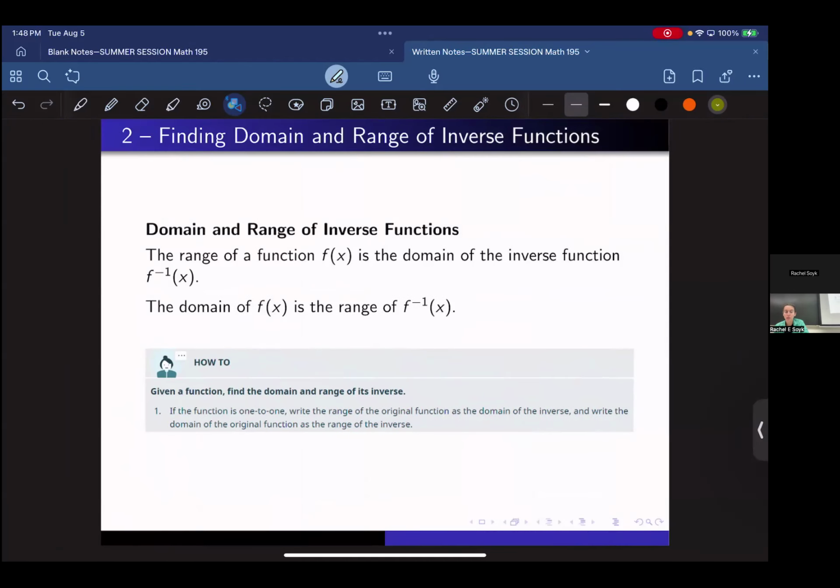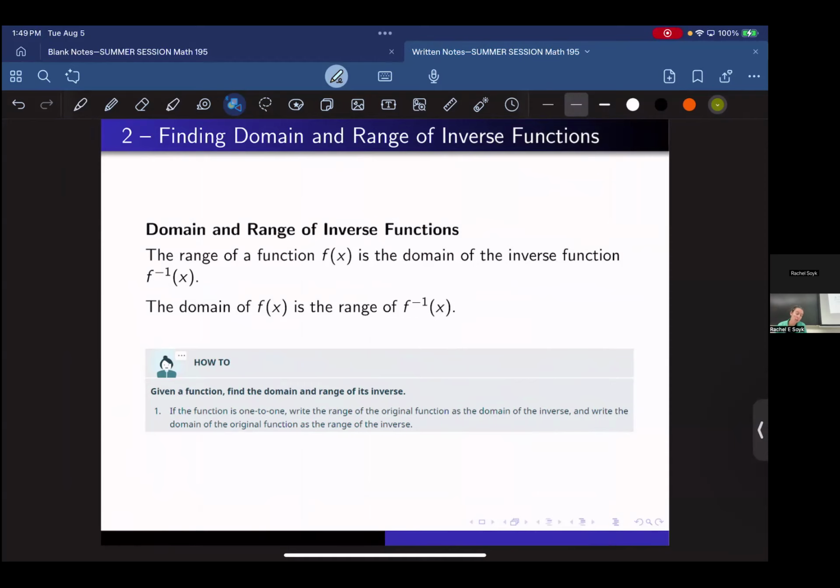Second objective, finding the domain and range of inverse functions. If you're able to find the domain and range of the original function, then the domain and range of the inverse is just the opposite. What the domain of the original function is, it's the range of the inverse.